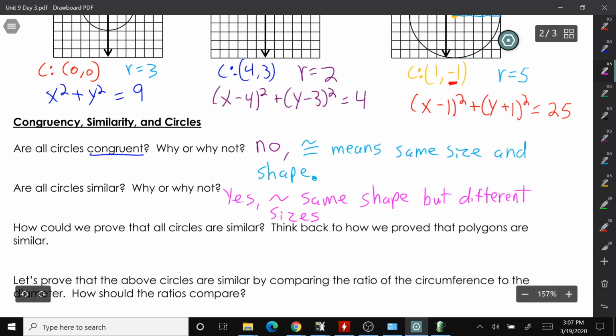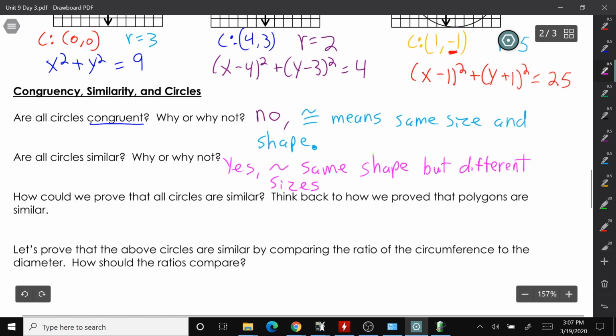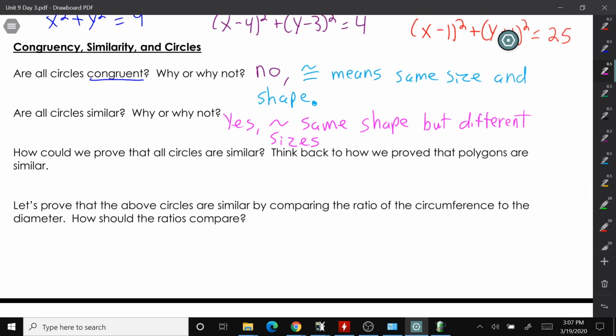Okay, and then we're going to do a little bit of work to prove that all circles are similar to each other. Now remember like I was saying, when we proved that polygons were similar, if it was the same shape, we could either reduce it, shrink the shape, or enlarge the shape, and they'd be similar.